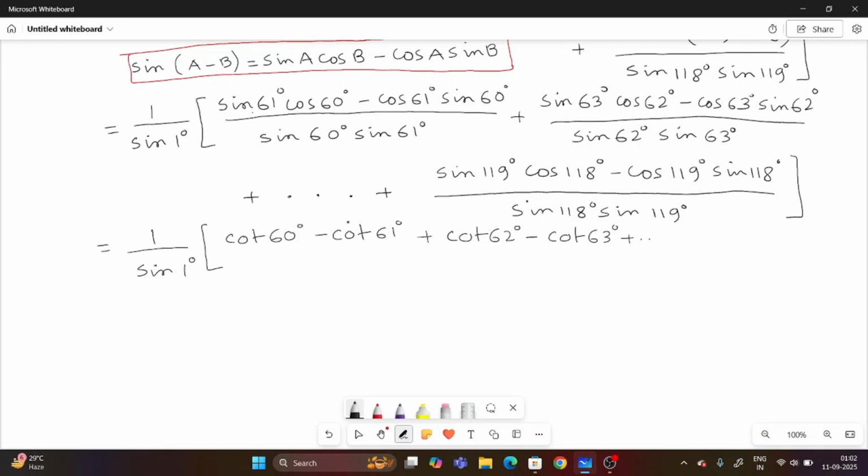Continuing, we can write the last term as cot 118 minus cot 119.